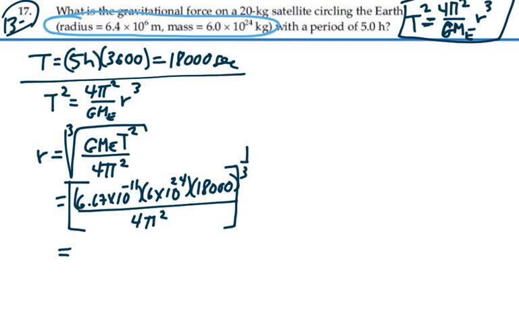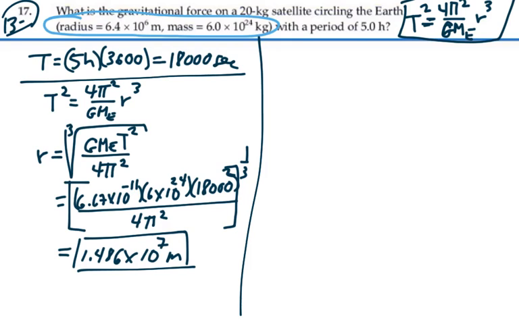Remembering to square the period, that is equal to 1.486 times 10 to the 7 meters. The cube root will give us that. So that is the actual radius of our orbit.